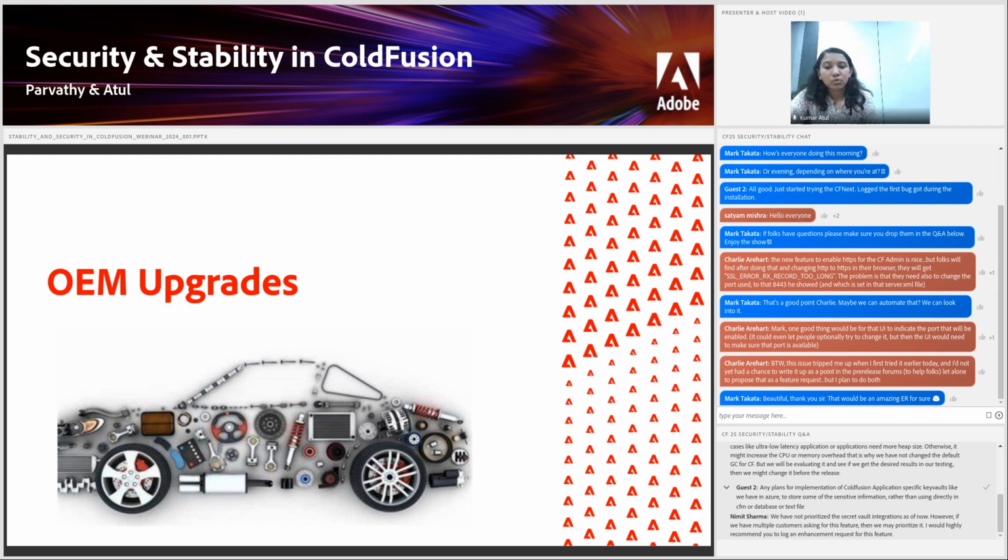Just as multiple small tools make the entire vehicle, multiple small OEMs collectively form the foundation of ColdFusion. So making sure that it is not affected by any vulnerability is important to ensure ColdFusion is secure. In short, we upgrade OEMs to make ColdFusion more secure.